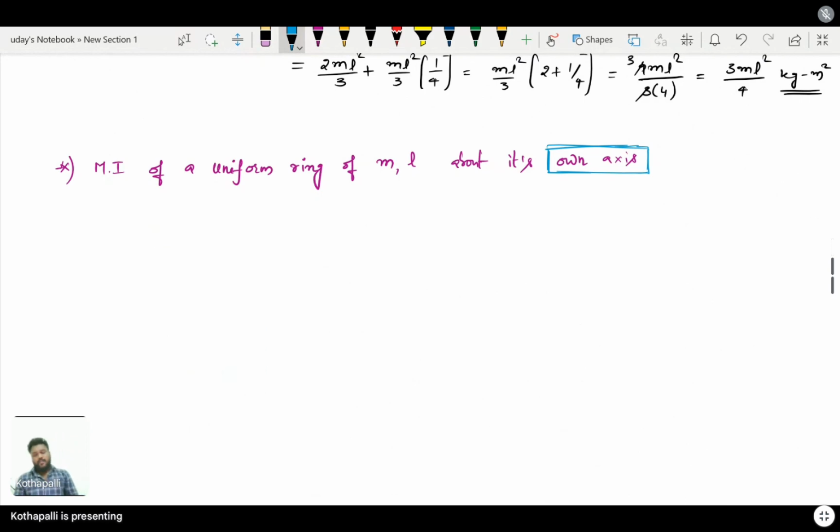Remember, in questions they will say, or sometimes in statements they'll frame it like, moment of inertia of a rod about its own axis, moment of inertia of a ring about its own axis, moment of inertia of a sphere about its own axis.